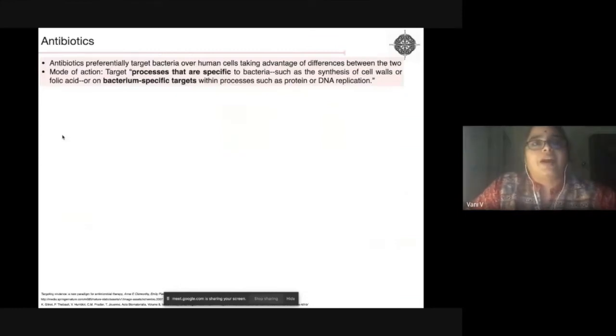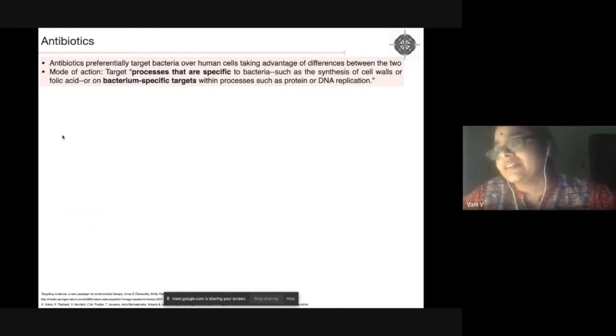So now we come to the problem motivating why we are interested in this class of things called antimicrobial agents. As you all may know, and you might have even used them, there is a huge problem with the usage of antibiotics today. You might have heard of things called resistance, bacterial resistance, and things like that. Before we even go to that, let's try to understand how antibiotics actually work.